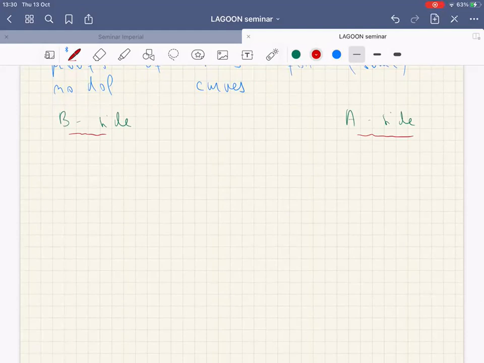So let's consider, yes, absolutely. Exactly. That's how you deform a four-valent vertex to a trivalent vertex. So let's consider on the B side a nodal elliptic curve. So something that looks like that.